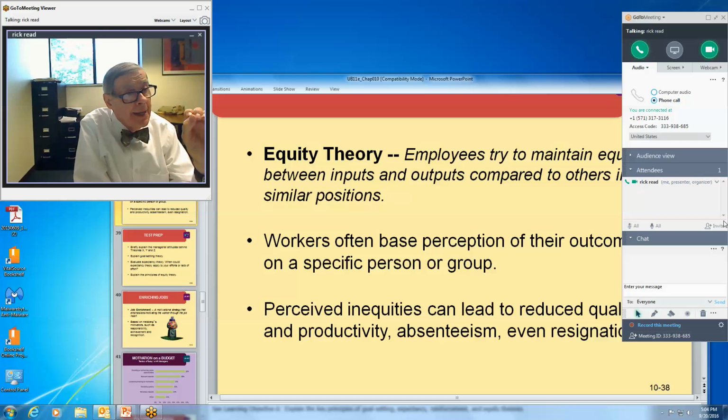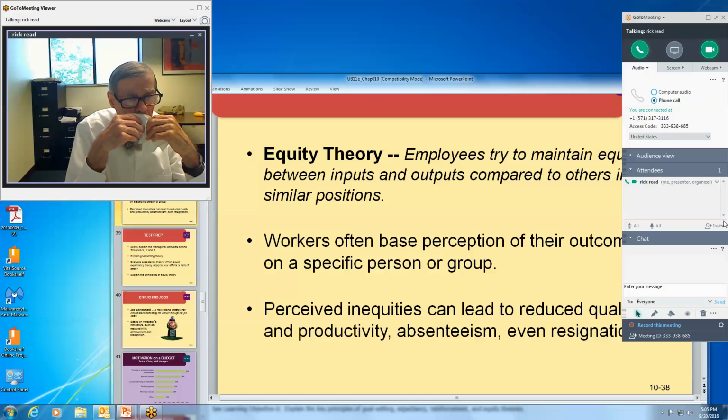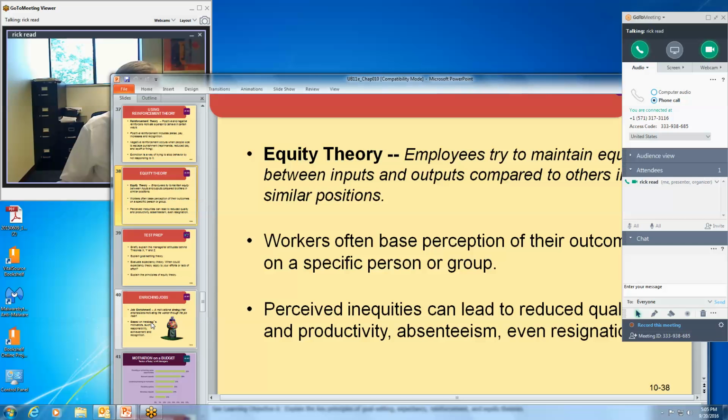They can consider resigning, or they could look for a different comparison other. That probably won't happen. Other things will happen sooner. So we have to be careful about this, especially if employees believe that their performance is not being rewarded as well as their comparison other.